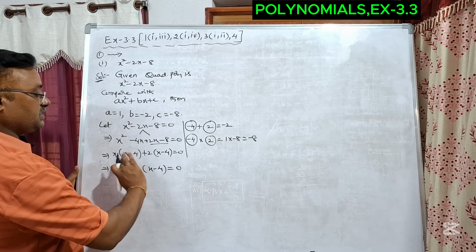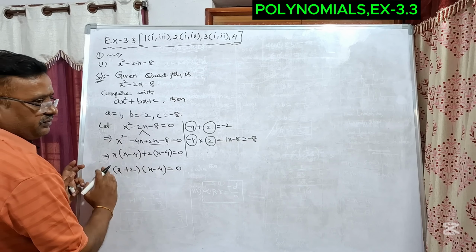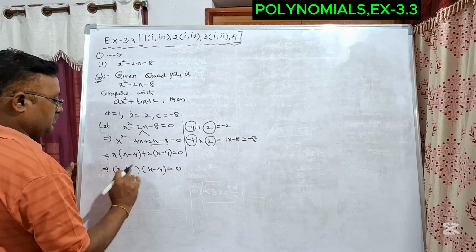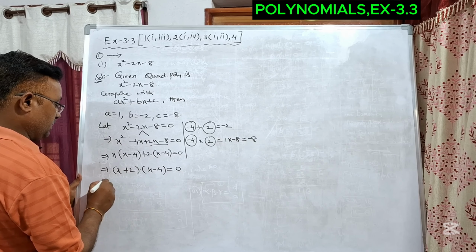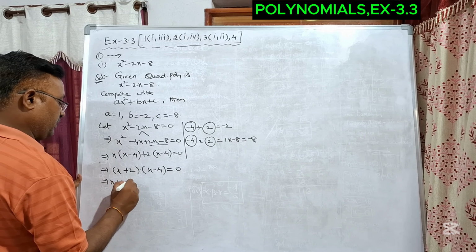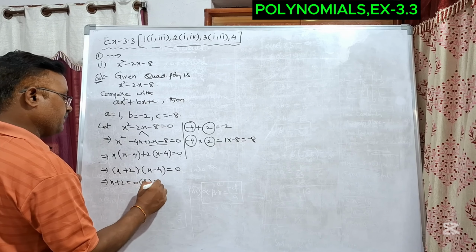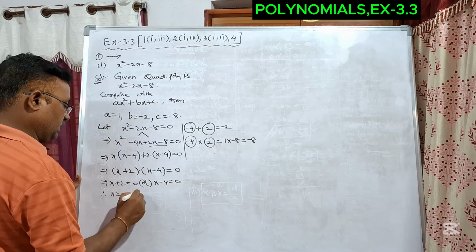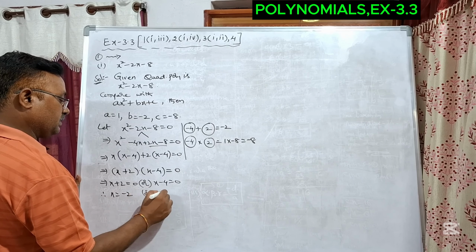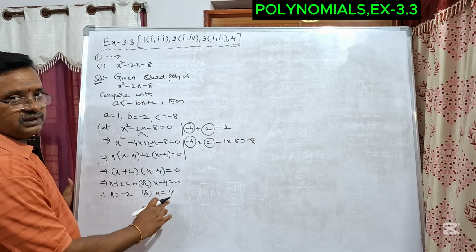So x minus 4 is taken common, you can take it left side or right side. Okay, so x plus 2 into x minus 4, product of two terms equal to 0 means either the first term equal to 0 or the second term equal to 0. Therefore x equal to minus 2 or x equal to plus 4. These are the two zeros.